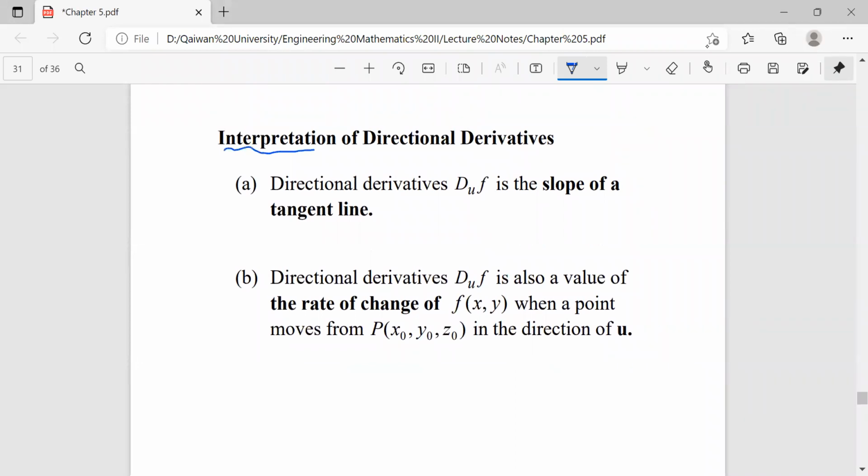We now have the interpretation of directional derivatives. We say the directional derivative, Duf, is the slope of a tangent line. It represents the slope of a tangent line. Here, to find the slope of a tangent line, we can use the directional derivative.